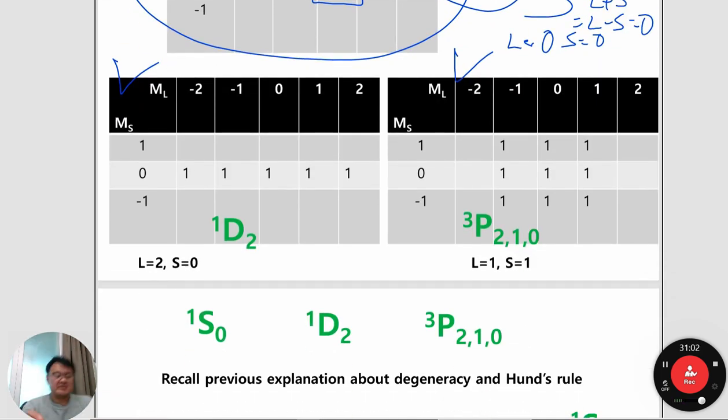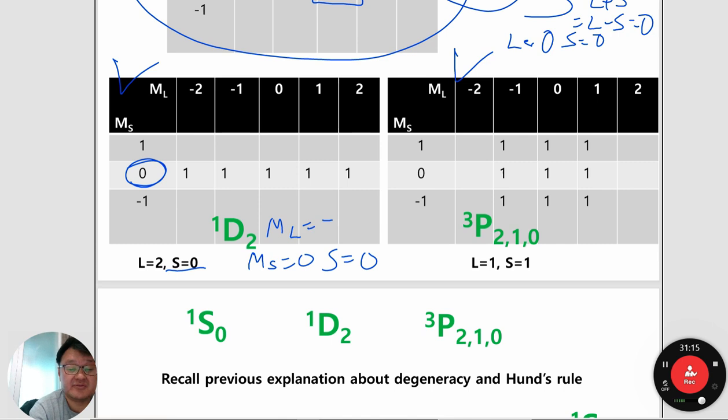Now in this table, the only ms value is 0, so S should be 0, right? On the other hand, ml is minus 2 to 2. This is like an atomic d orbital, so the L value should be 2 as well.